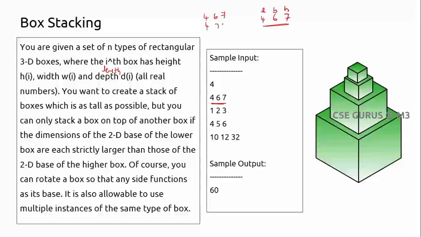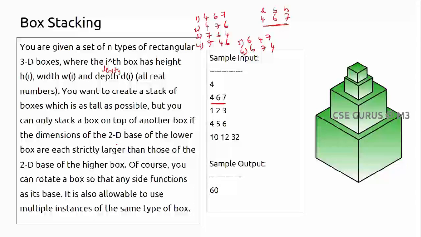Then 4, 7, 6, and I take 7 as length: 7, 6, 4 and 7, 4, 6. I have 2 more options: I'll start with 6: 6, 4, 7 and 6, 7, 4. So like this I have 1, 2, 3, 4, 5 and 6 options for each box.